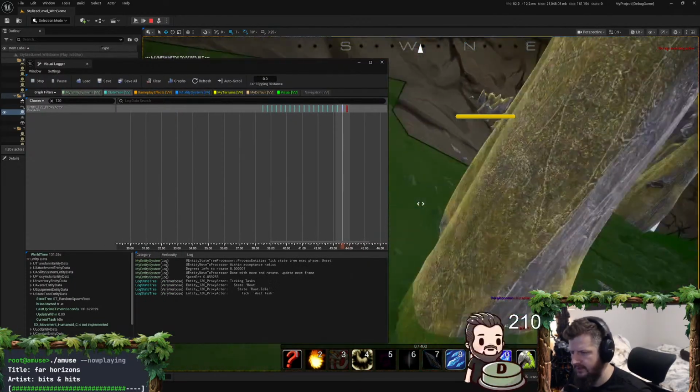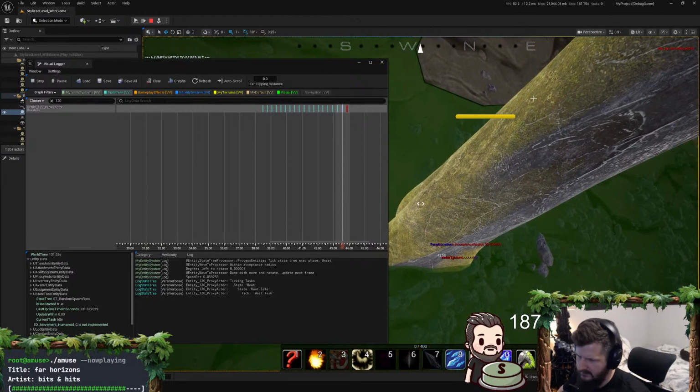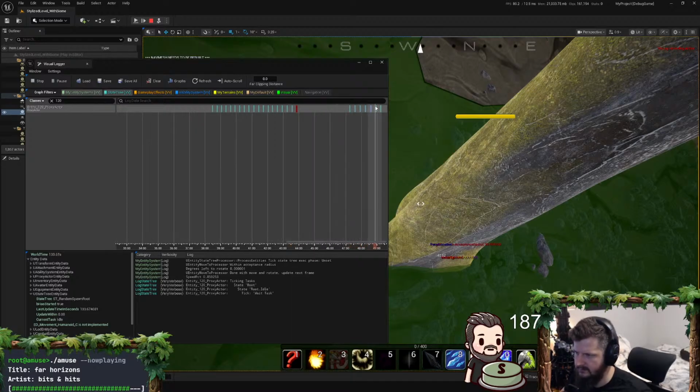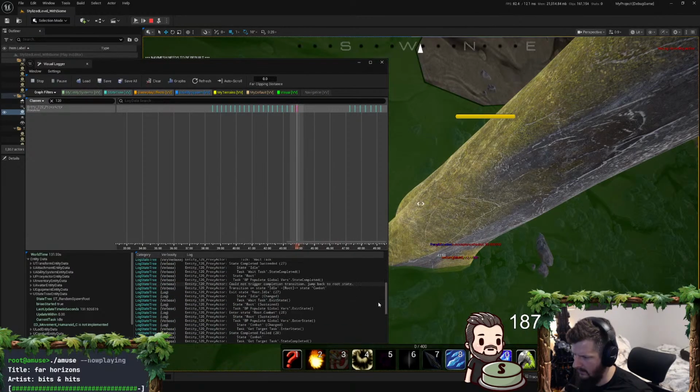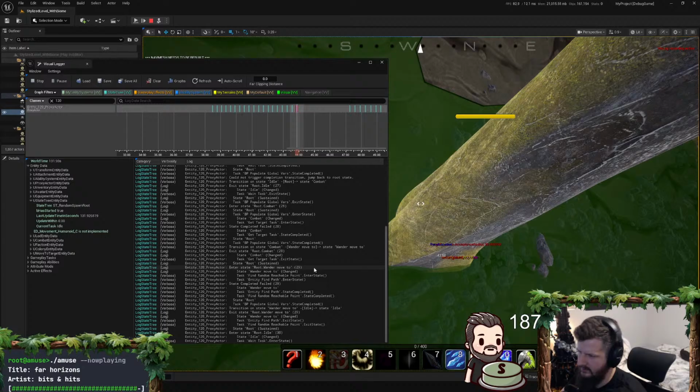Is it related to being in here? Because honestly, there's no collision, so if there's a nav mesh there, it should be fine. Wander move 2 failed.